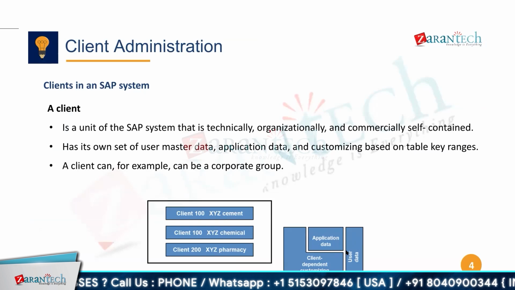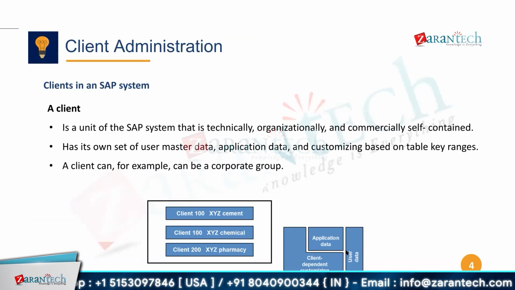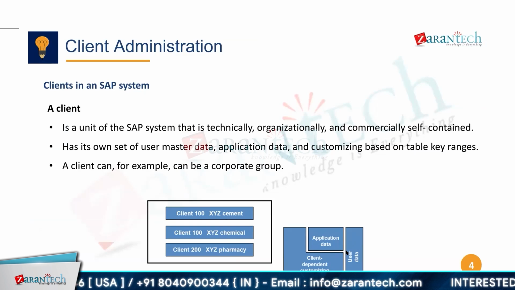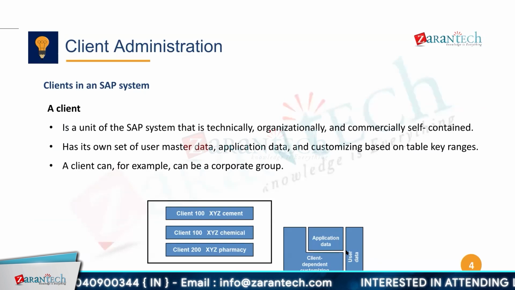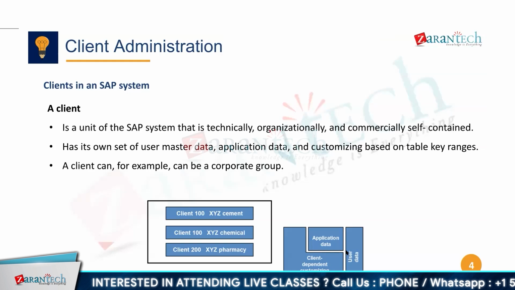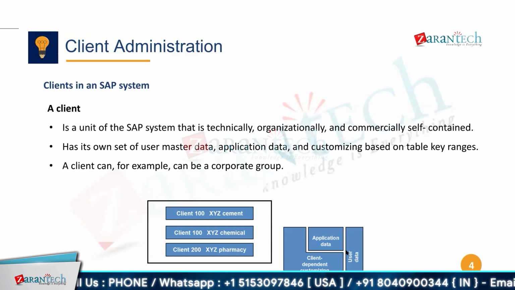For example, with your TCS user one, if you try to log into 000, it doesn't work because your users are created in client 800, which is a training client. Its purpose is training, and we have given you the needed authorizations there. If you try to log into 000, it doesn't allow it, because it is client specific user data.